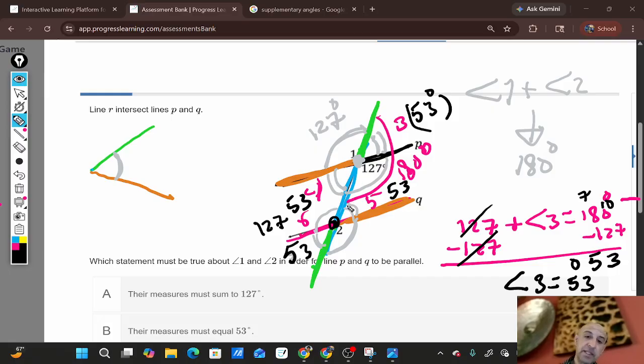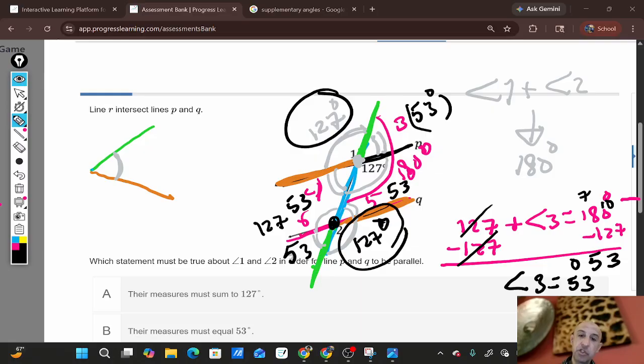And also we can say if here is the angle and this angle meet with each other at the same head, so if the angle 6 is 127, that's mean the angle 2 is also 127. Our concentration will be what? On angle 1. Here is the angle 1 and here is the angle 2.